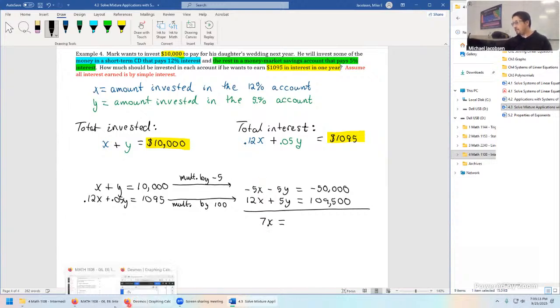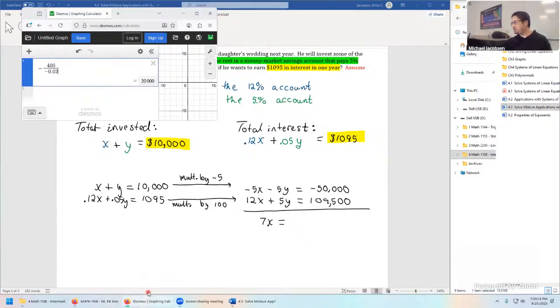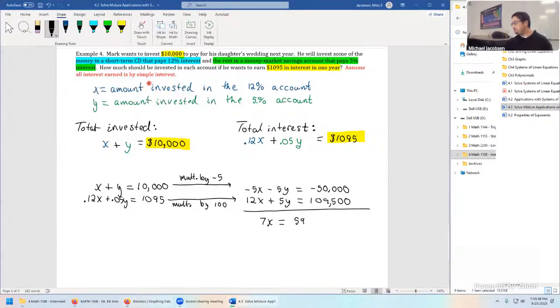equals, you know, it's late on a Thursday, so let's treat ourselves to a computation on the calculator. Should be able to do this in my head, but I want to be really sure I get this right. It's money after all. You have to be careful when you're dealing with other people's money. So this comes out as $59,500. Well, I shouldn't say dollars just yet until we solve for x. 59,500.